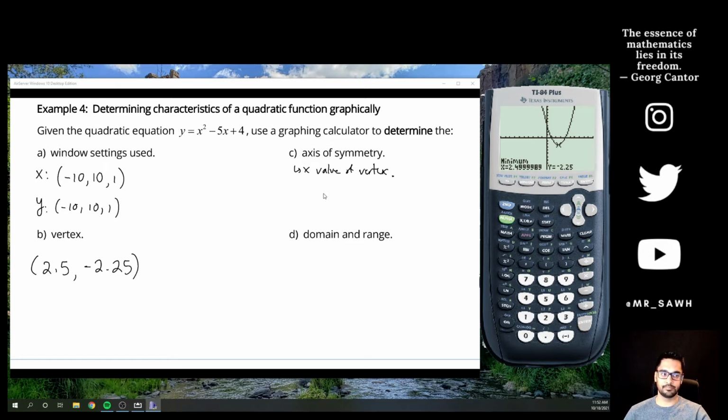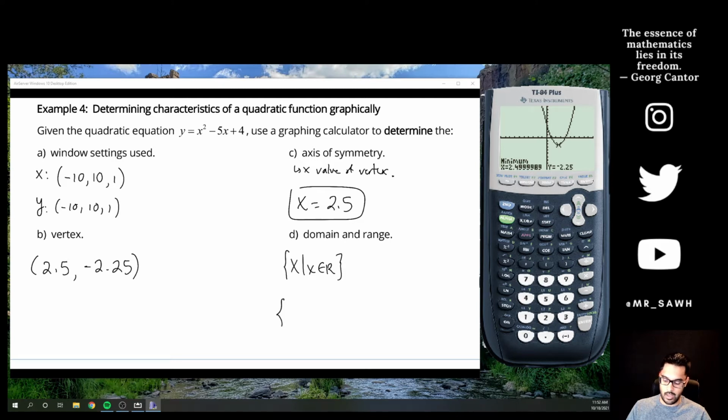Okay, so there's my vertex coordinates right from my calculator. It tells me x and y. That means that my axis of symmetry is x is equal to 2.5. It goes through the x coordinate of that vertex, so there it is. When x is 2.5, there's a vertical line that will cut it in half, just like before. Domain and range, again, well, x won't change. It's always any real number.